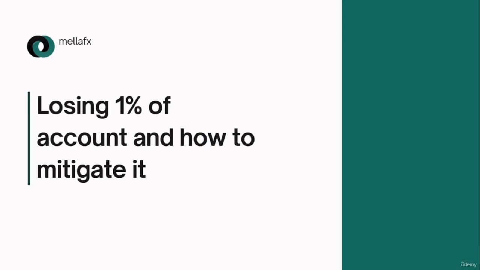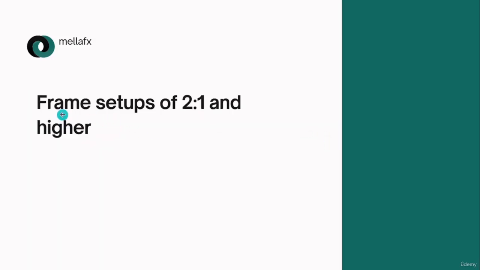So we are going to learn how to handle losing 1% of your account, and how to mitigate it. What can you do when you lose 1%, 2% of your account, and how can we mitigate it? First, we have to frame setups of 2:1 and higher.